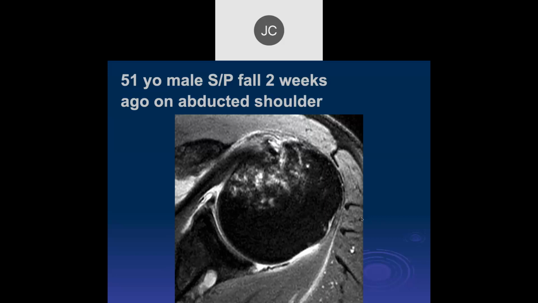We see some edema at the anterior aspect of the humeral head, bony edema at the anterior humeral head, and it looks like it's in the region of the insertion of the subscap tendon. Then there's some high signal within the tendon itself, distally, probably some tendinopathy.